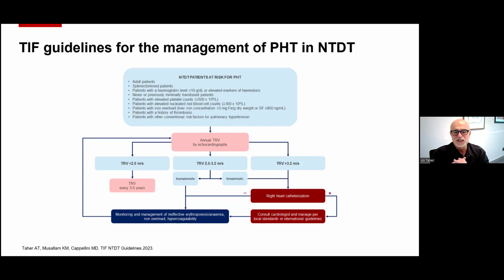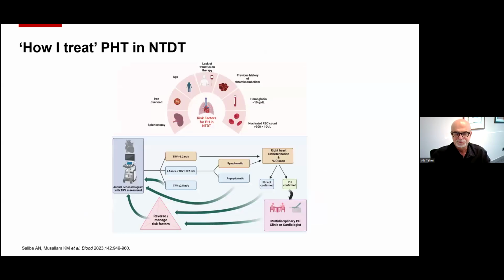In the new guidelines, you will see several interesting algorithms that you should look at. And for sure, all the management of this group of patients should be in a multidisciplinary team. So the presence of a cardiologist is really of utmost importance in looking at pulmonary hypertension in this group of patients.